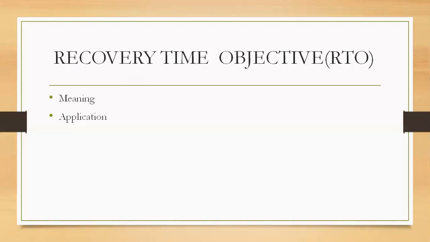You're going to have idle raw materials, and you're going to have dissatisfied customers that may leave and never come back. So, recovery time objective tries to fix a particular period of time or a threshold beyond which the business will be in trouble if there is a disruption.